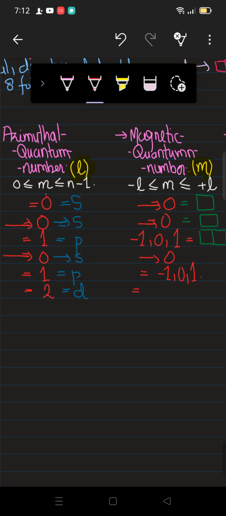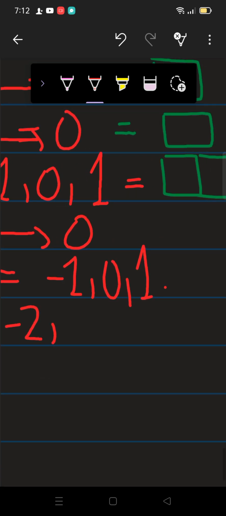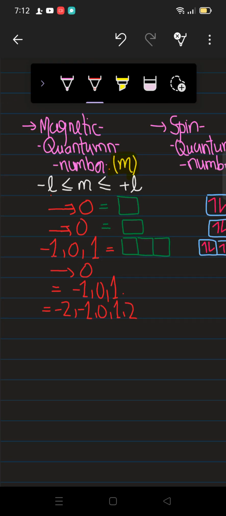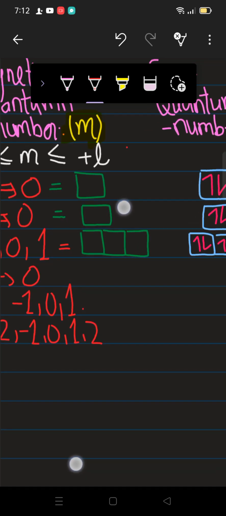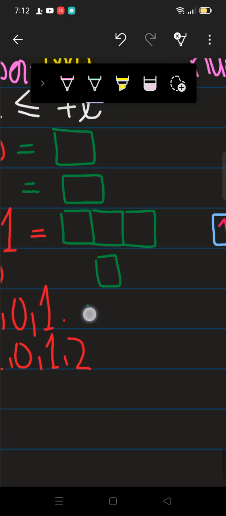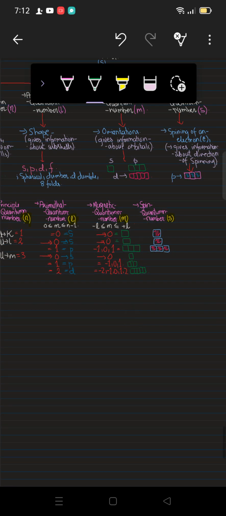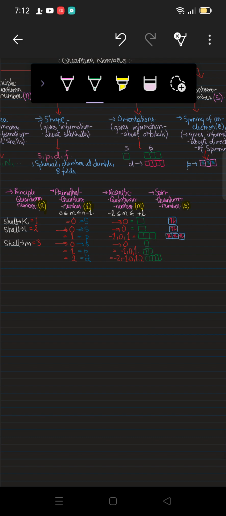Now see, the value of l for D is 2, so we need to take minus 2, minus 1, 0, 1 and plus 2, as per the formula. So in S there would be only one orbital, in P there would be 3 orbitals, in D there would be 5 orbitals. Have you guys seen why we have 5 orbitals in D and why we have 3 orbitals in P?